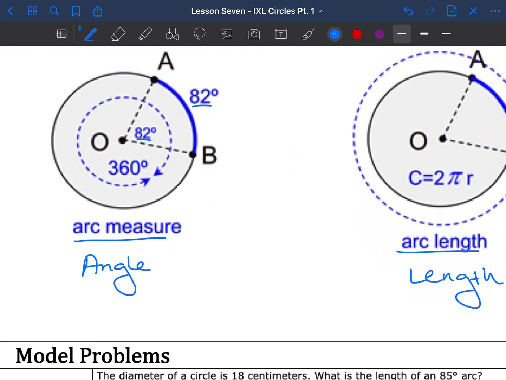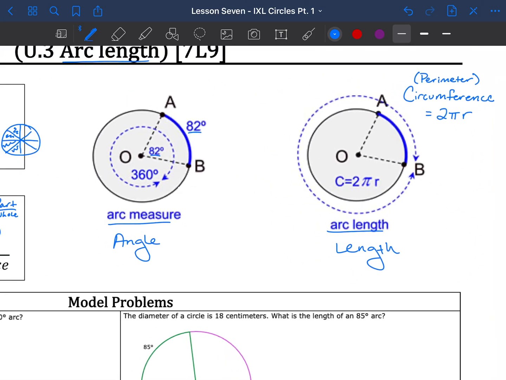If we look right here, as you can see, this 82 over 360 is equal to the part of the measurement, the arc length of AB, over the total, which is 2 pi r, the circumference.